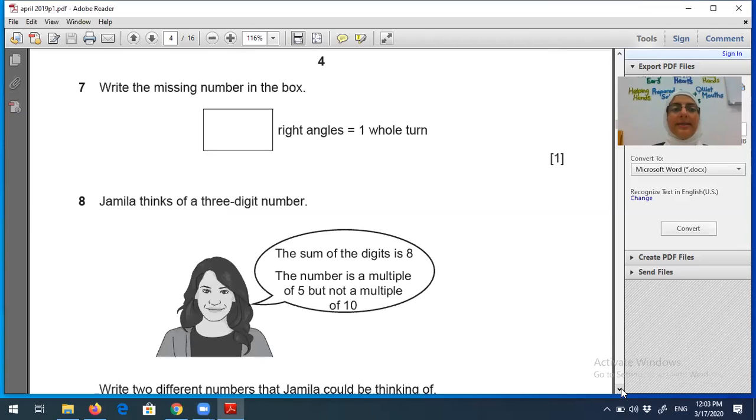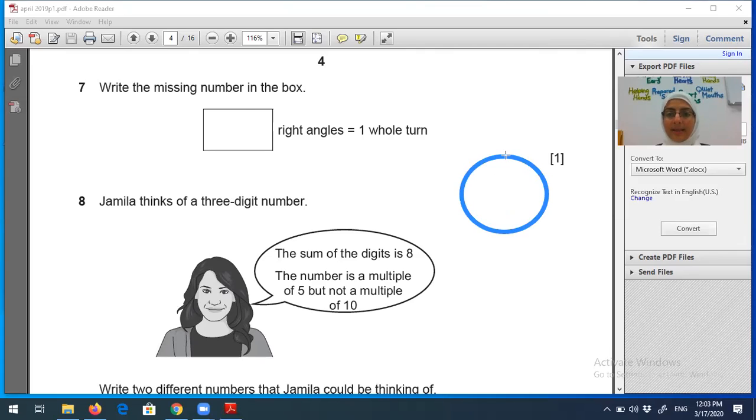Here, guys, he's telling you write the missing number in the box. How many right angles in a whole turn? We know that a whole turn is 360 degrees. So I'm going to quickly draw a circle. Here is the circle, and this circle is a whole turn.